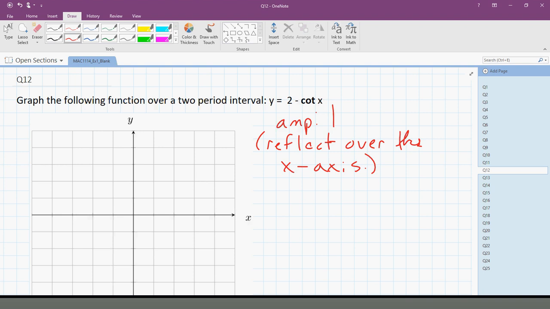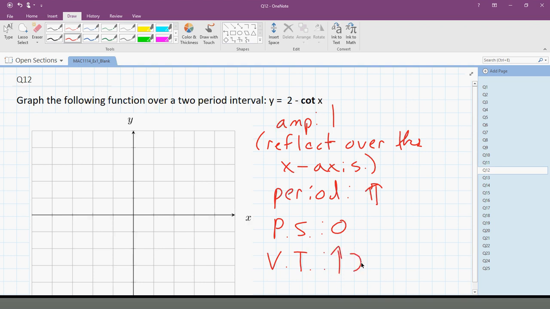So from there, do we have a period change? No. Period is still pi. Do we have any phase shifts? Nope. Do I have a vertical translation? Yes. Where are we going?